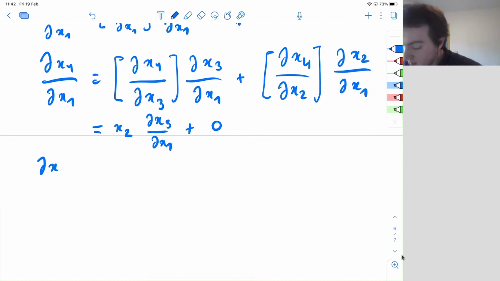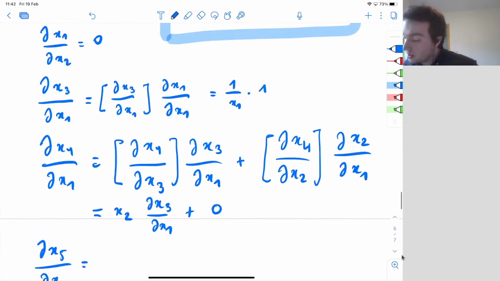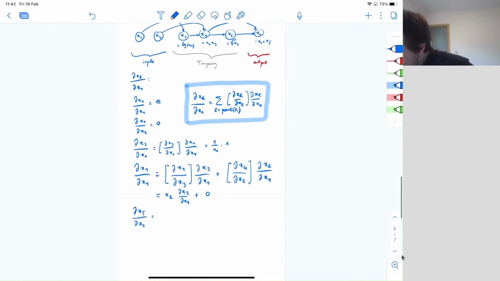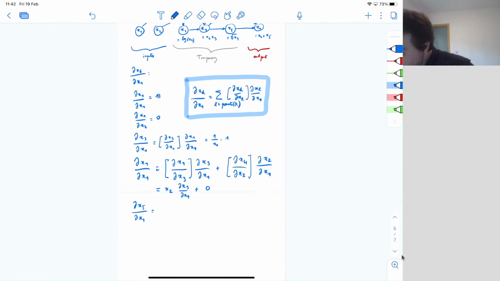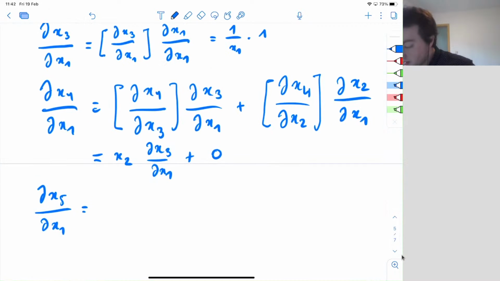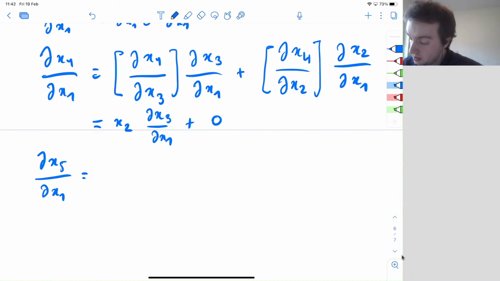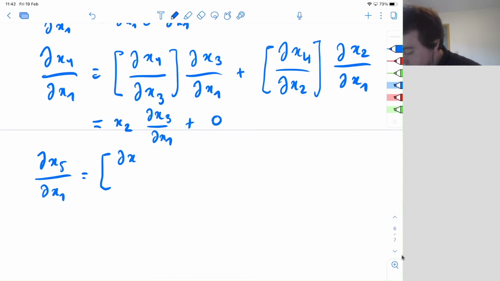There are two more to compute. So this one, x5, is the square root of x4, depends only on x4, so only one parent. So we would have the derivative of x5 with respect to x4 times the Jacobian of x4 with respect to x1.